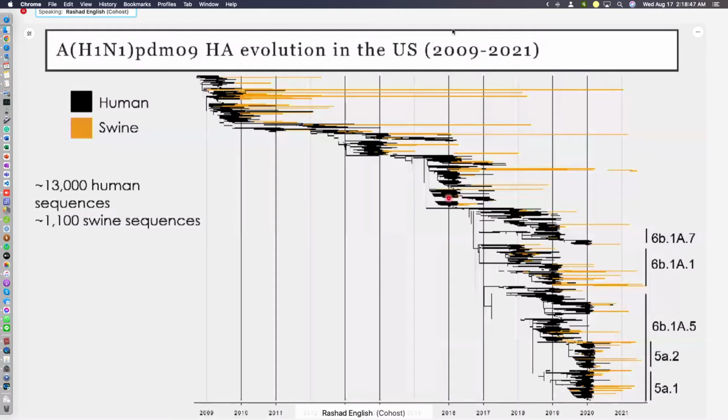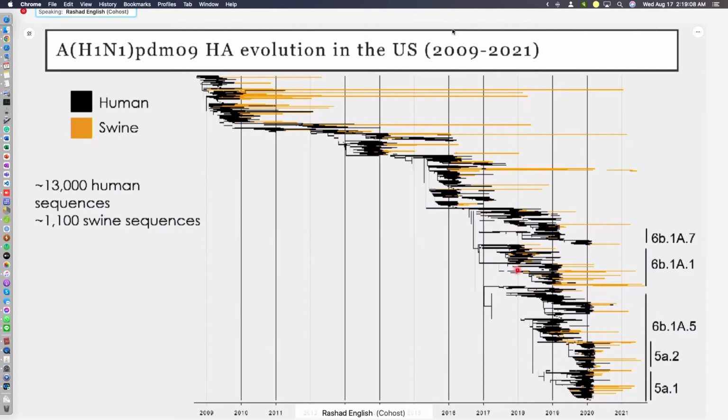But throughout every step of this ladder-like evolution, we have many spillovers from humans into pigs, of different lengths. Some of those long orange edges indicate successful spillovers that circulated for many years, and many of those orange edges are really short, and you can't even see them here.